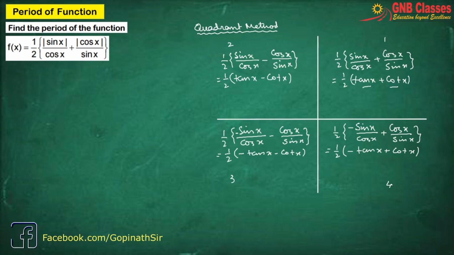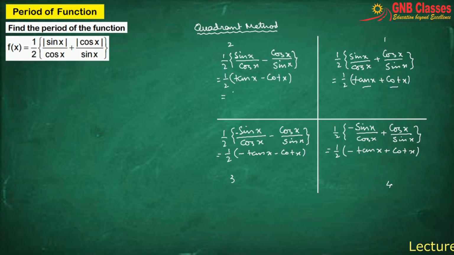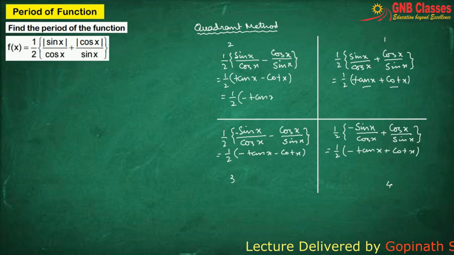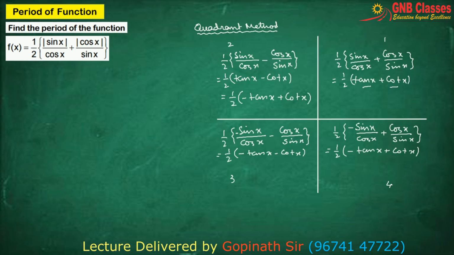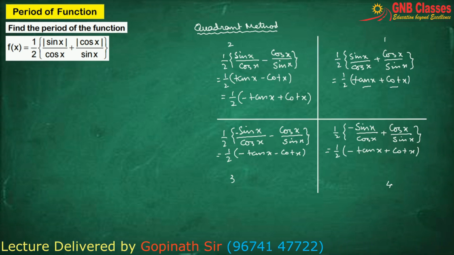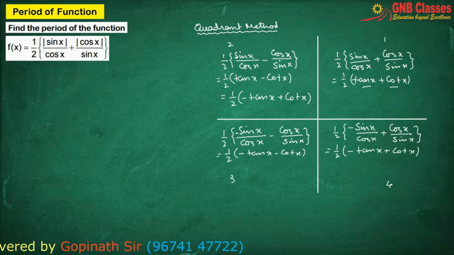Come to the second quadrant. In the second quadrant, tan is negative, cot is negative. So we have to replace this like half of minus tan x minus cot x. Have you understood this? What I have done in the second quadrant is, in the second quadrant both tan and cot are negative, so we have rewritten the function with a minus sign in each of the trigonometric ratios.